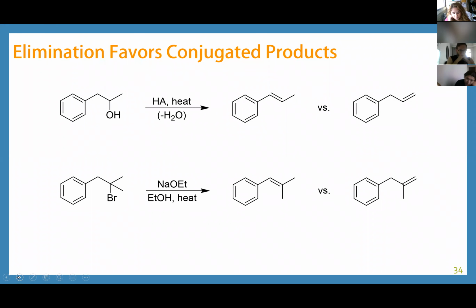So for example, if you had a halogen and you added in a base in order to do an E2 elimination, it would favor the conjugated product over the isolated product. There are other factors here as well, such as this one is also the more substituted alkene, so that's going to be favored as well. But this also means that if you use a bulkier base, it's likely that you would still end up with the conjugated product. I don't tend to make you consider those things though.